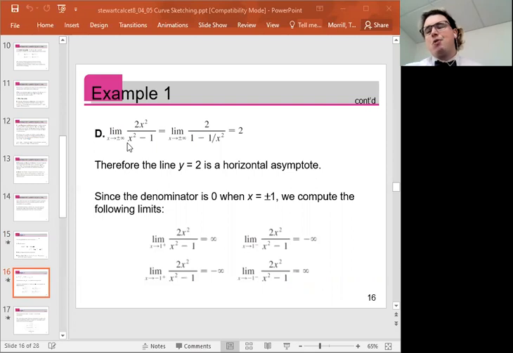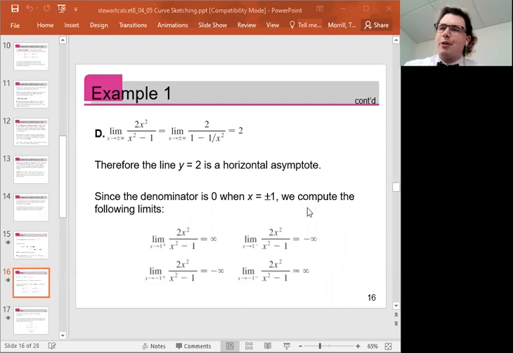As x goes to plus or minus infinity, I can look at the limit of 2 times x squared divided by x squared minus 1. But I can rewrite that as 2 on 1 minus 1 on x squared. So that's going to go to a value of 2. So we have a horizontal asymptote at y equals 2.